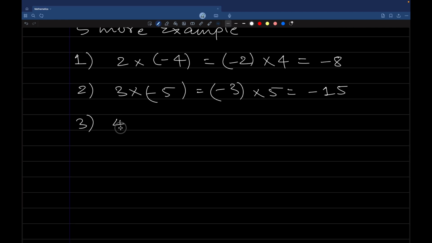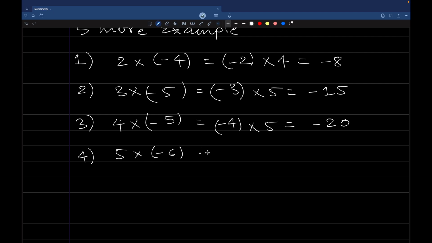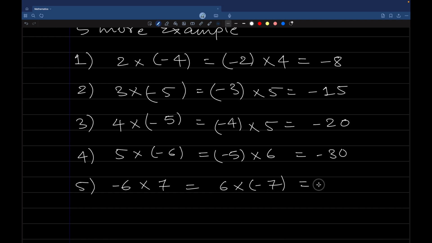Then 4 into minus 5 equals minus 4 into 5 equals minus 20. Then 5 into minus 6 equals minus 5 into 6 equals minus 30. And fifth example, minus 6 into 7 equals 6 into minus 7 equals minus 42.